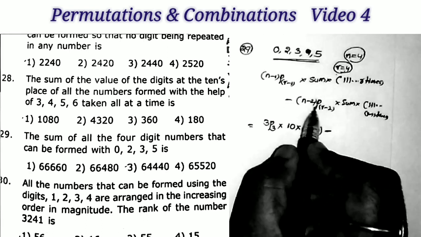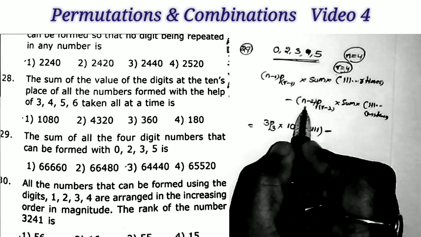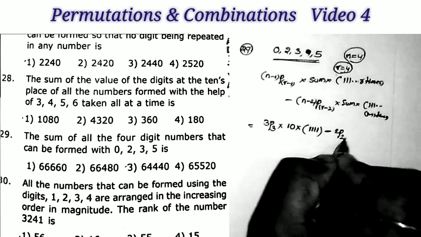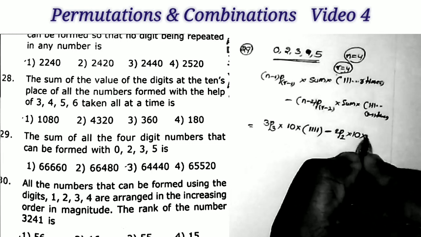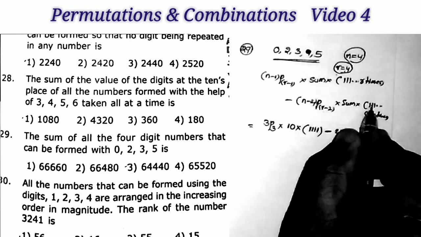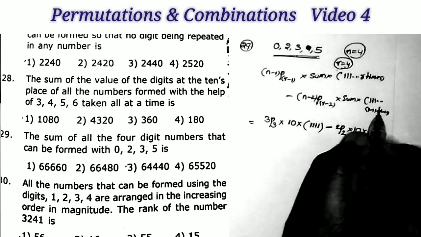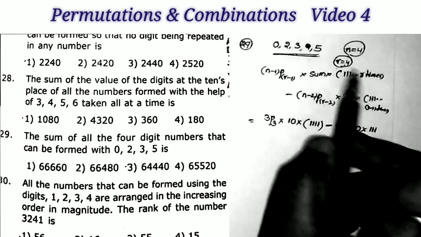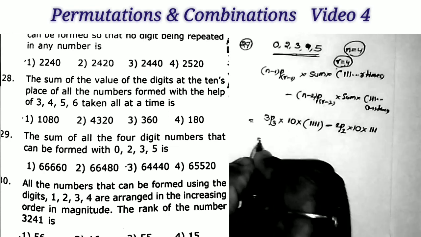Okay. Minus (n minus 2)P(r minus 2), that is 2P2, into the sum of the digits which is equal to 10, into 1, 1, 1 up to r minus 1 times. r is equal to 4, r minus 1 is equal to 3. Okay.